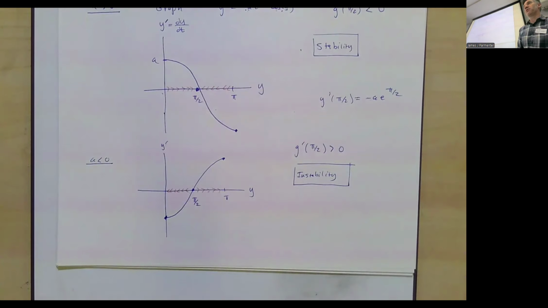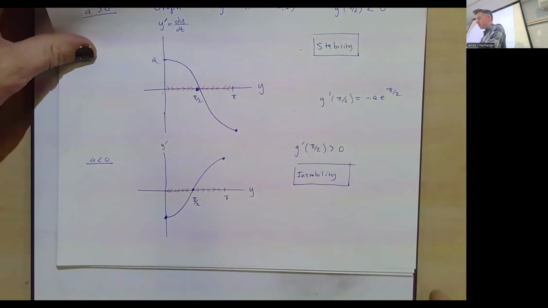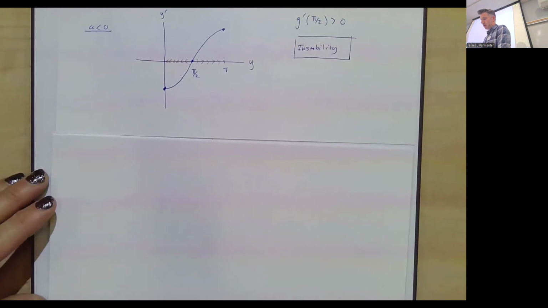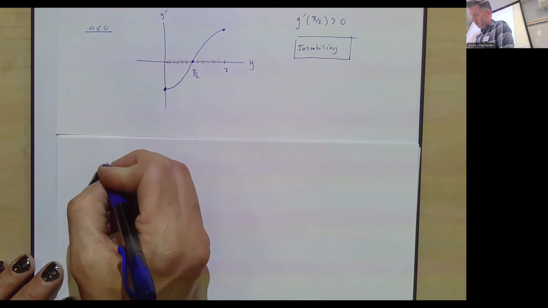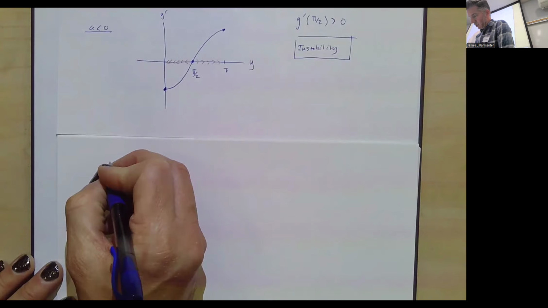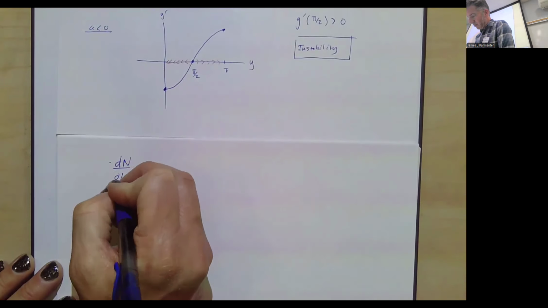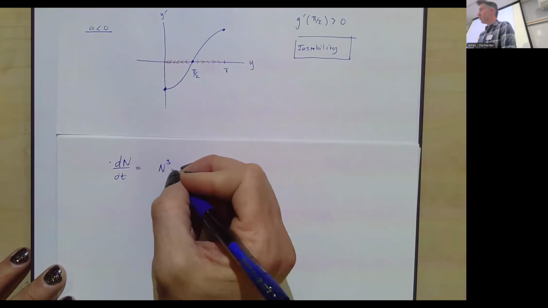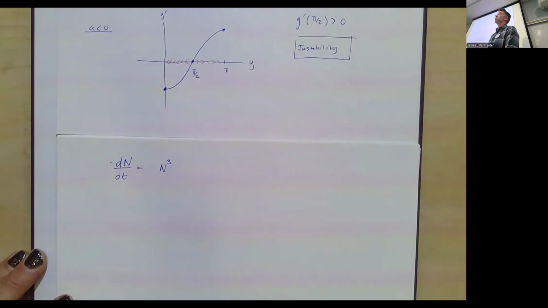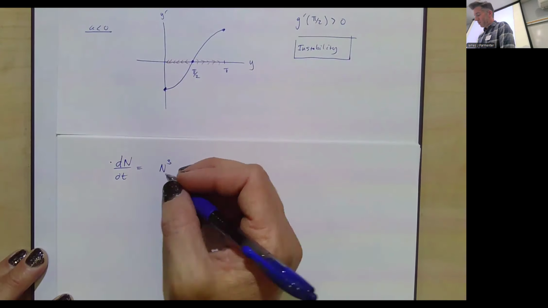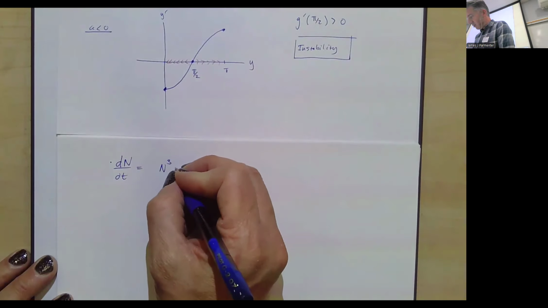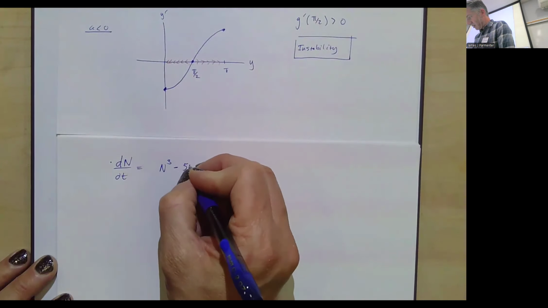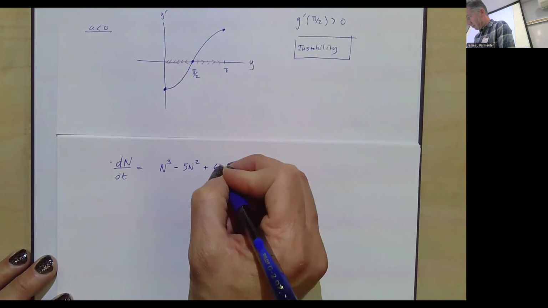Let's do an example with nicer numbers. Let's say we had dn/dt equal to n cubed minus 5n squared plus 6n.